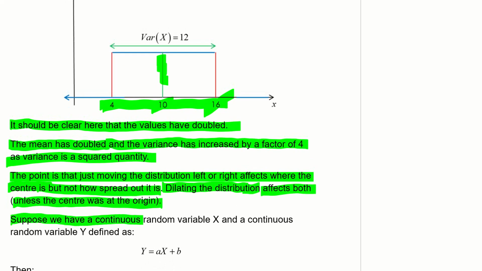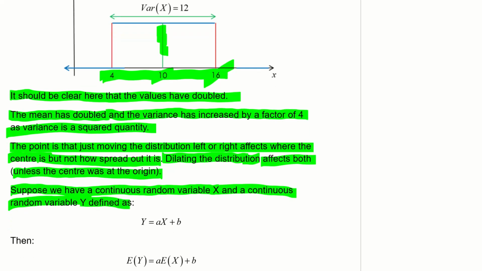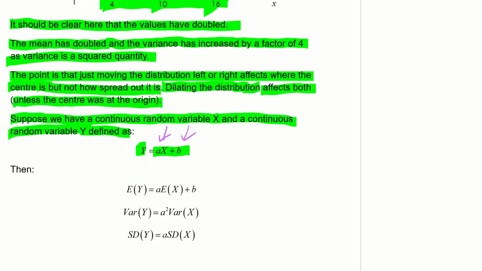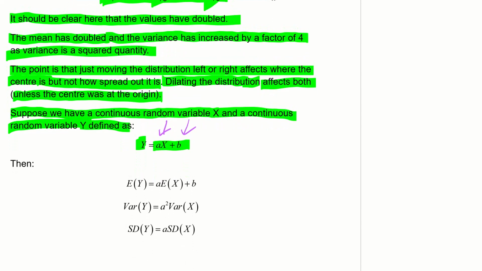Suppose we have a continuous random variable x and a continuous random variable y defined as y is equal to ax plus b. So we can see we've multiplied the x by a and added b. Then, just as we had with the discrete random variables, the expectation of y is a times the expectation of x plus b.